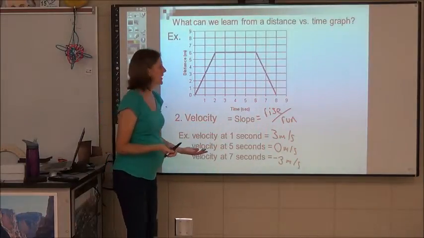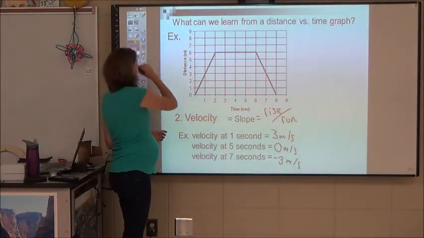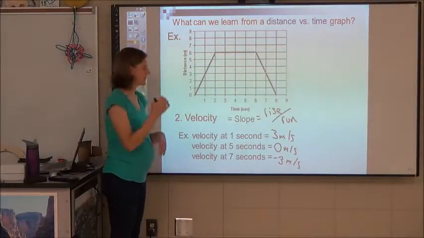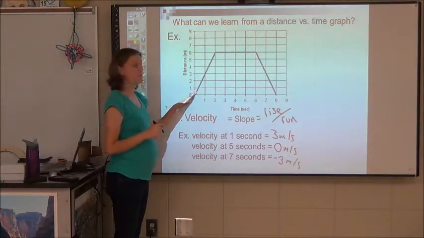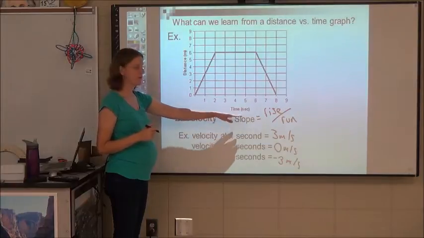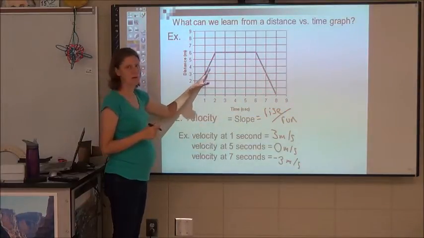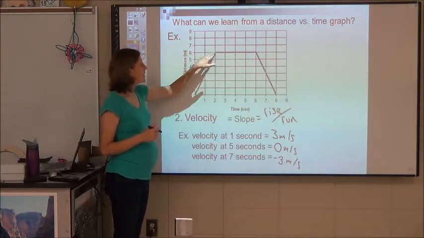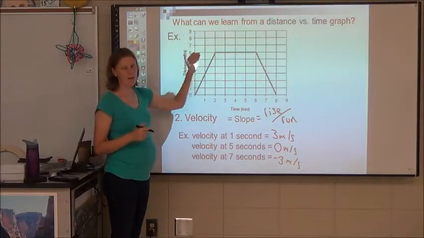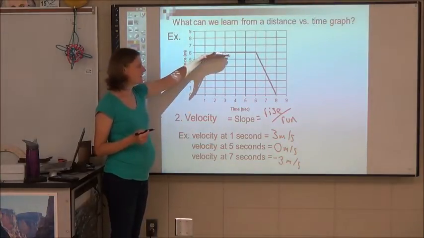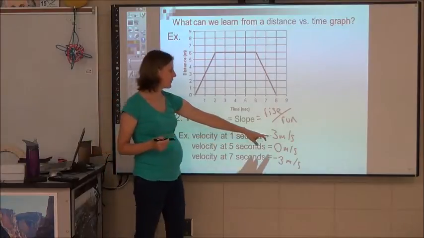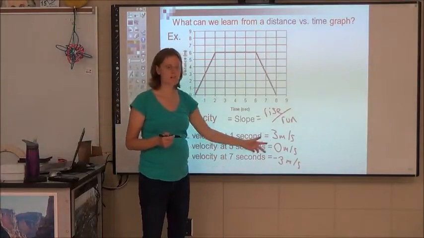Now take a second and just look at this graph, because there is an unrealistic part of it. In the beginning, we're moving at a nice steady velocity, 3 meters per second. But at 2 seconds, we just automatically stop? No. There's no way to go from 3 to 0 instantaneously.